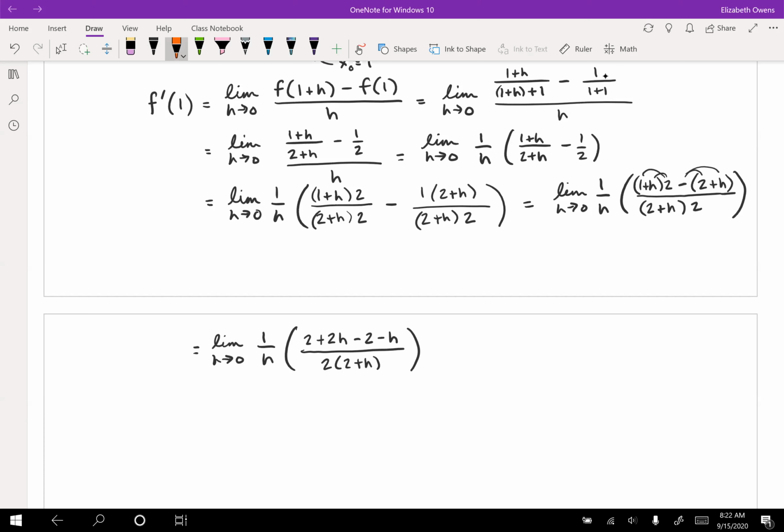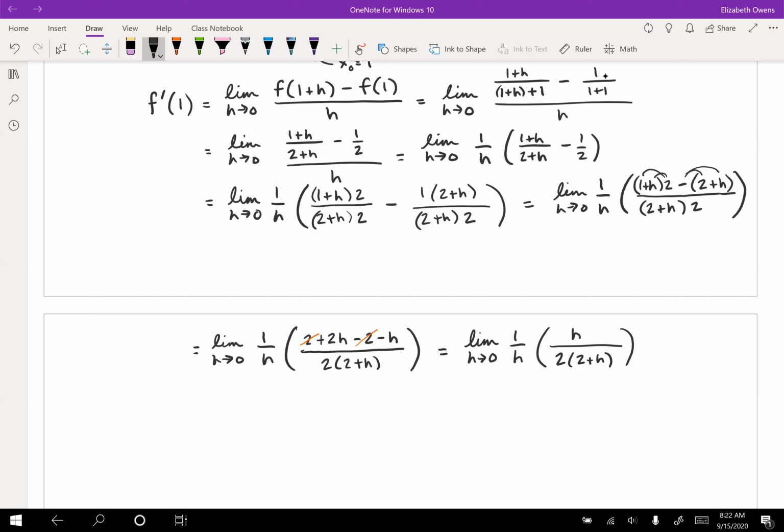Okay, notice a little bit of canceling up in the numerator there. So we're going to have the limit as h approaches 0, 1 over h, keep carrying that around. And we're just going to have h up in the numerator there because we have 2h minus h. So there's h over 2 times 2 plus h.